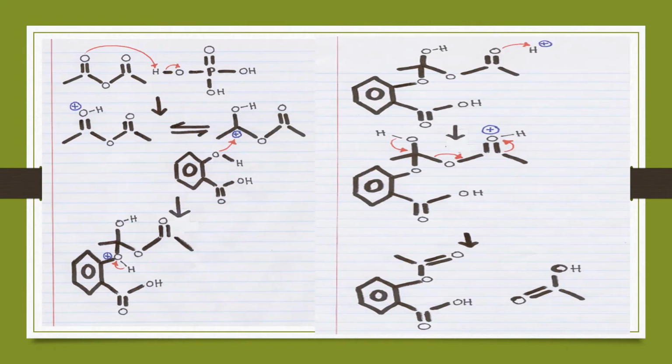The first step is where phosphoric acid protonates one of the carbonyl groups of the acid anhydride, making it more electronegative.